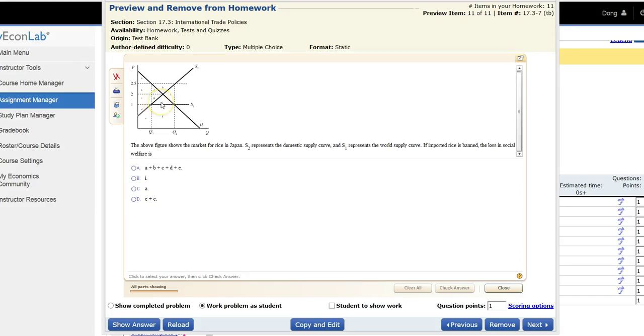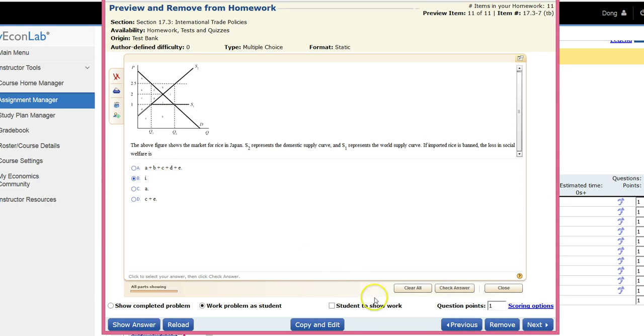So this I is the deadweight loss, and that's the loss in social welfare. We should choose B. So check the answer. Excellent.